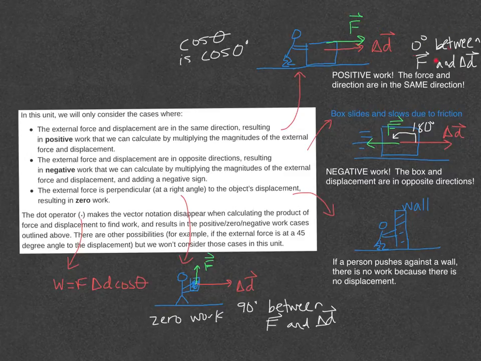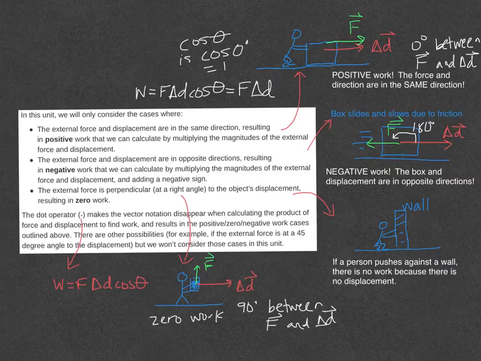There's 0 degrees between them. If you put cos 0 degrees in your calculator, you would get 1. So in this case, work is force times displacement times cos theta, which is 1, or just force times displacement.